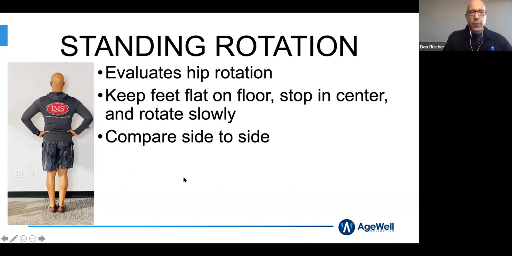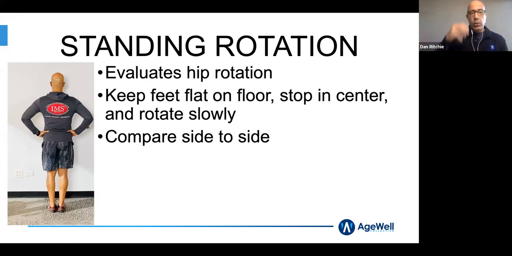Now, standing rotation, you're familiar with this. It evaluates hip rotation. You keep your feet flat on the floor. You always stop in the center of rotation. Have your client stop in the center of rotation and rotate slowly. Compare side to side. Because yes, there are norms of ranges of motion, of hip range of motion, of spine range of motion. But unfortunately, we're using ranges based upon a very heterogeneous population. So you can't compare the rotation of a 20-year-old to the rotation of a 70-year-old.